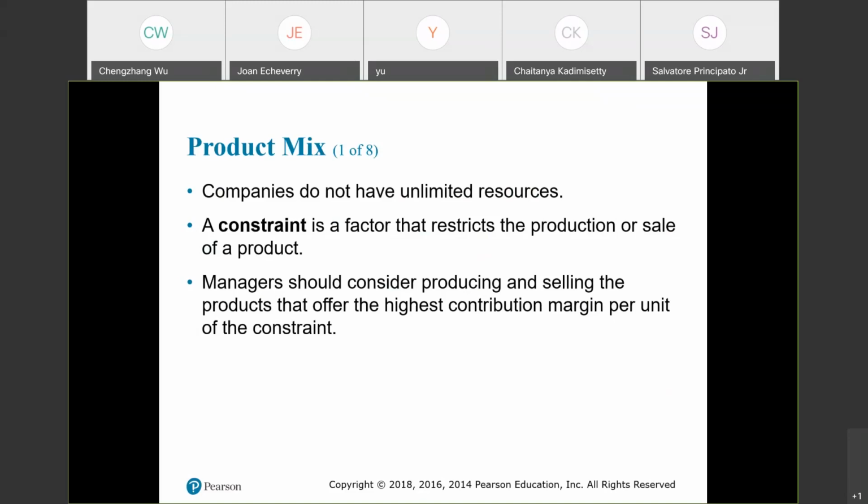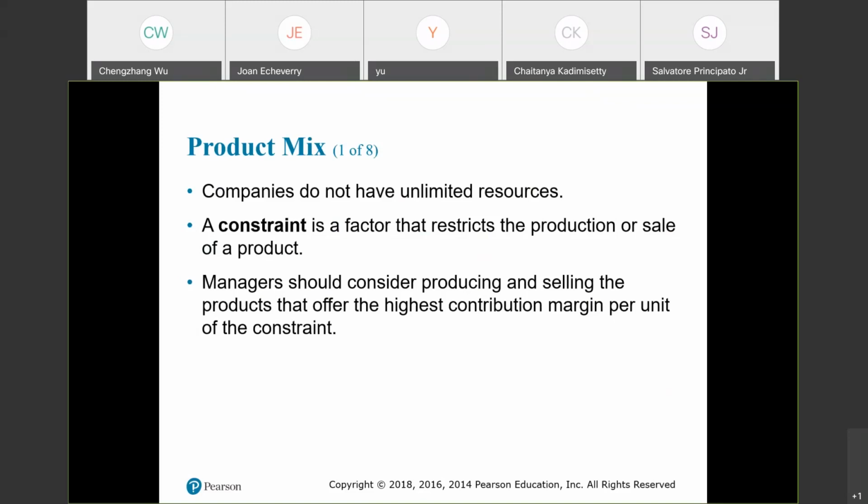If a company can sell the units it can produce, what products should the company emphasize? And for which item should production be increased? These are the questions that management needs to consider when they decide the product mix. In one word, what is product mix?